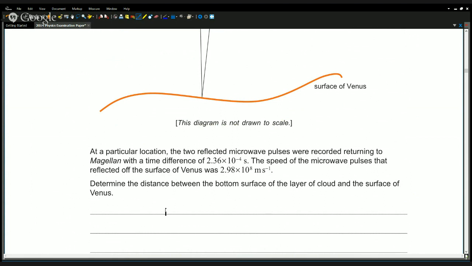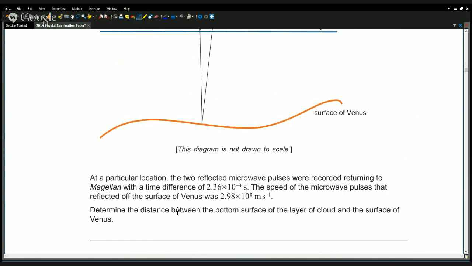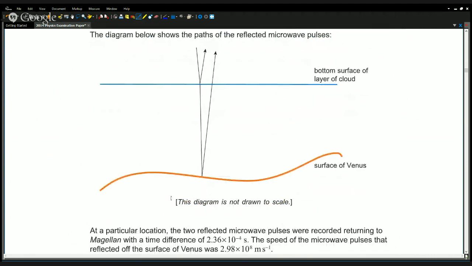Now if you think about this, the time difference for the reflected pulse, that's your time 1 and that's your time 2. If I change colors here, that's the time of the reflected pulse.